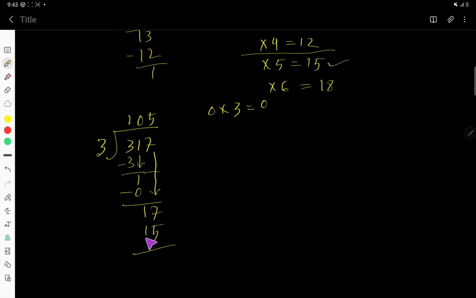If you subtract, then you are getting 2. There is no digit that you can bring down. So 2 is your remainder. So this is the answer, 105, remainder 2. So this example has helped you to understand this 0, right?